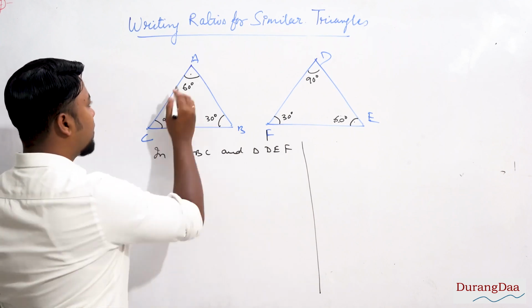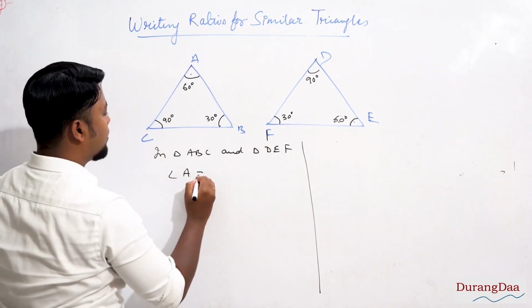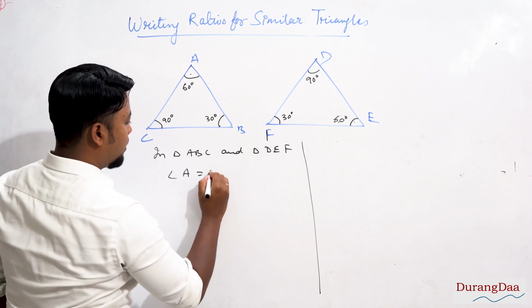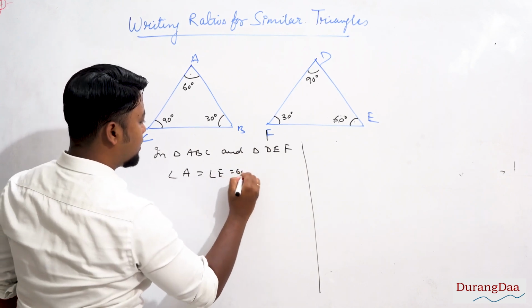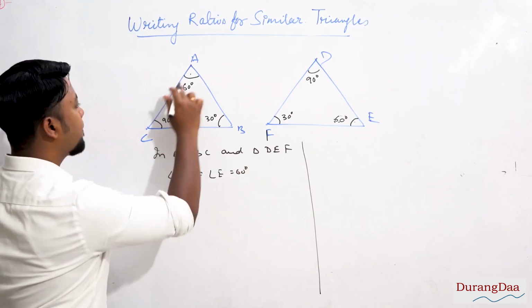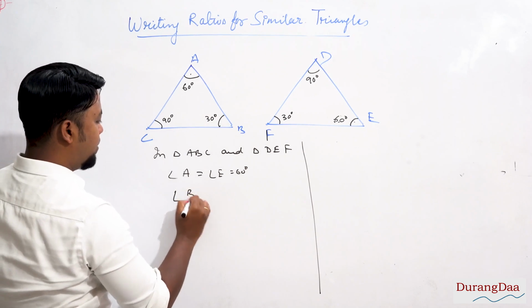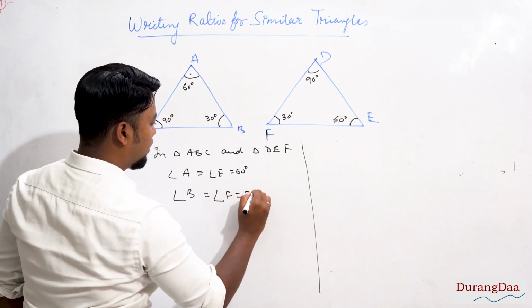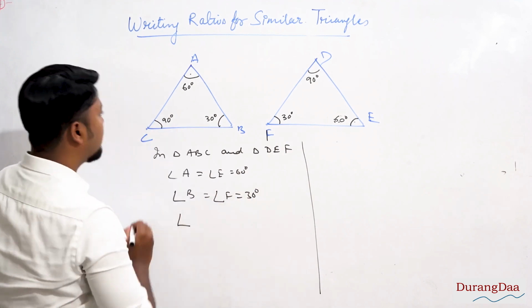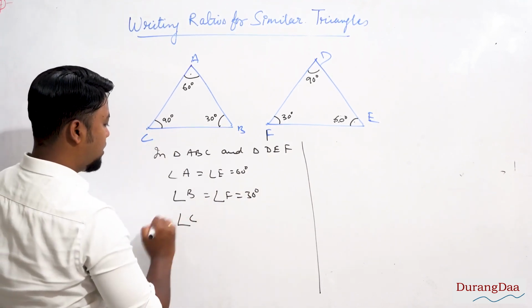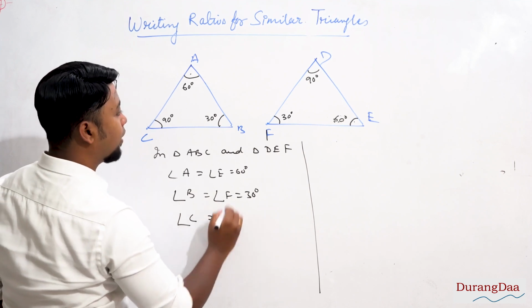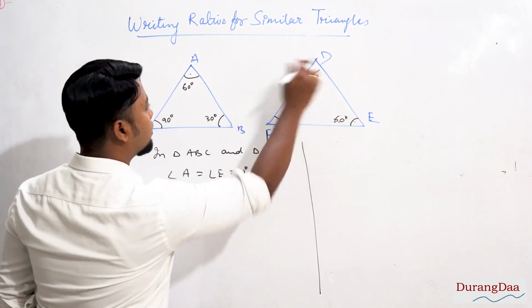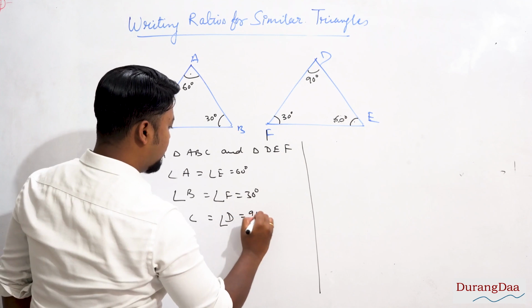First, you write angle A equals angle E, which is equal to 60 degrees. Second, angle B, which is 30, is equal to angle F, which is 30 degrees. And lastly, angle C is equal to angle D, which is equal to 90 degrees.